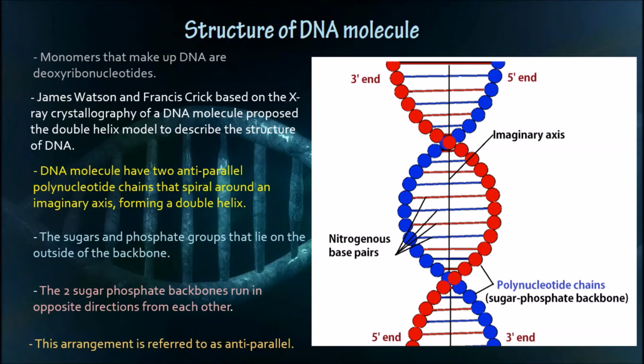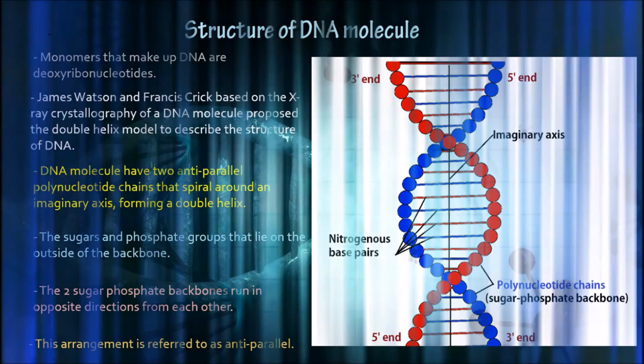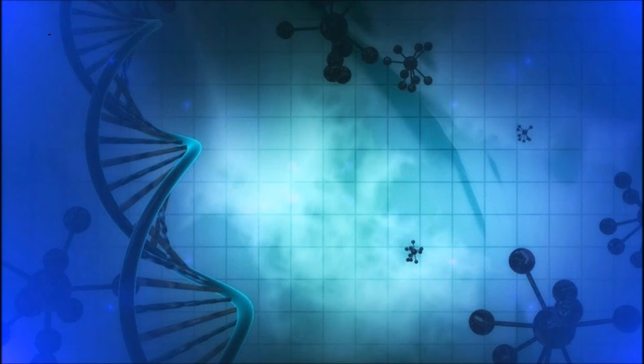The two sugar-phosphate backbones run in opposite directions from each other. That is, when one backbone runs from 5' to 3' end, the other goes from 3' to 5' end. This arrangement is referred to as antiparallel. Nitrogenous bases are paired in the interior of the helix.